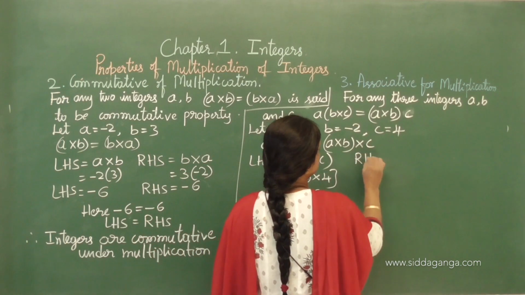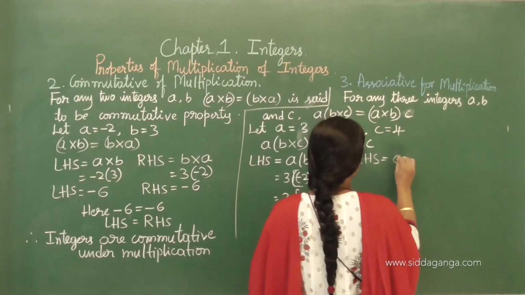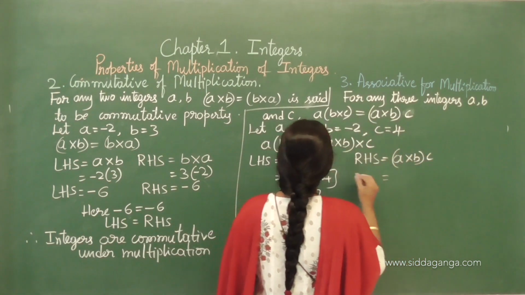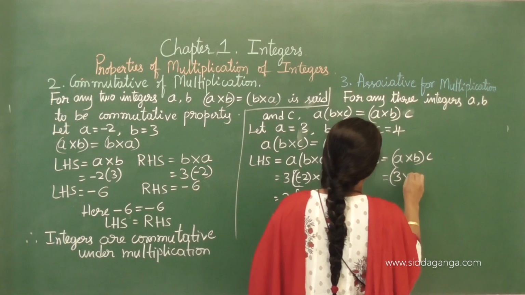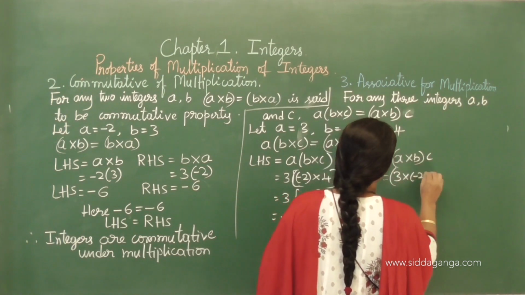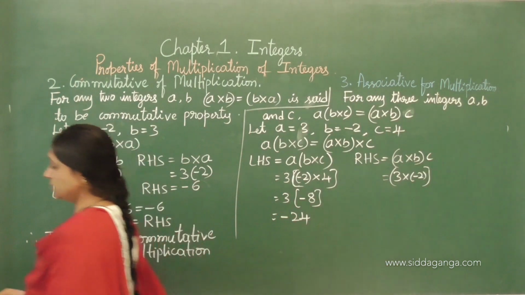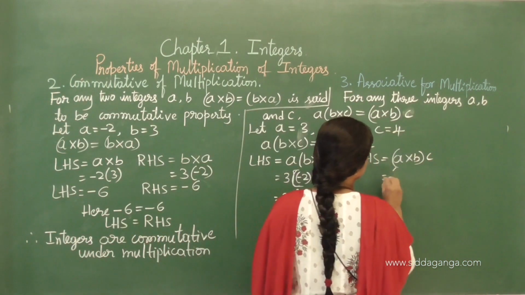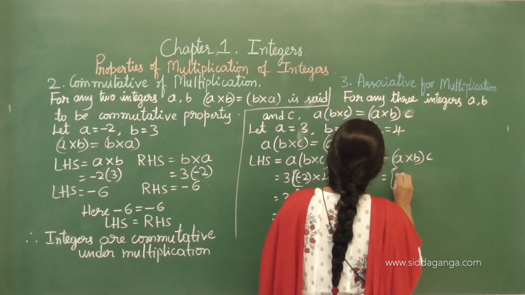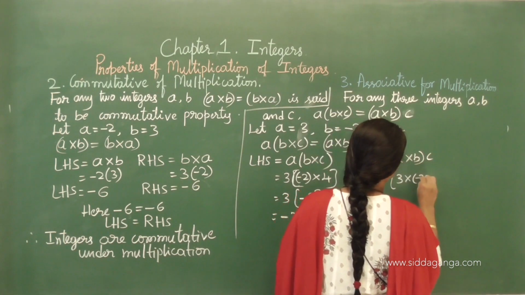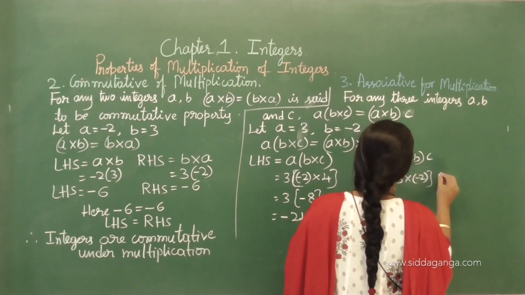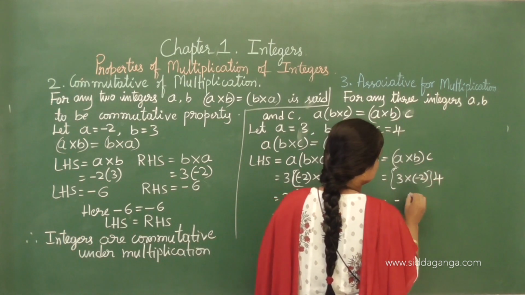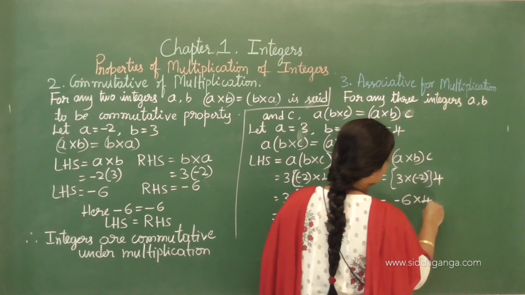Go to RHS. Here the condition is a into b into c. So what is a here? It's 3 into minus 2 into c is 4. Okay. Plus into minus is minus, 3 2s are 6, into 4.